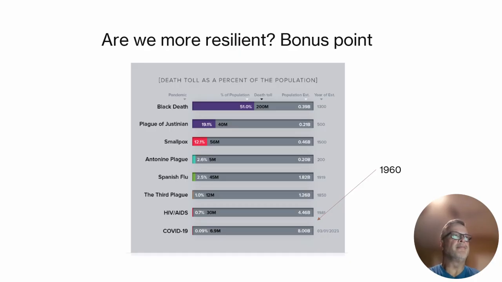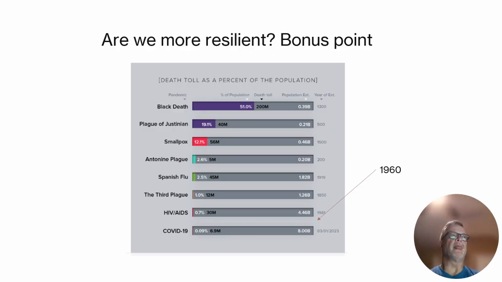That's the last example I wanted to show you. You see here the percentage of the population being killed by a particular epidemic or pandemic, and we are starting from the 14th century with Black Death, and then other epidemics and pandemics are going down. And you see that with every epidemic, humans are becoming more resilient. So fewer and fewer of us are getting killed by bacteria or viruses.